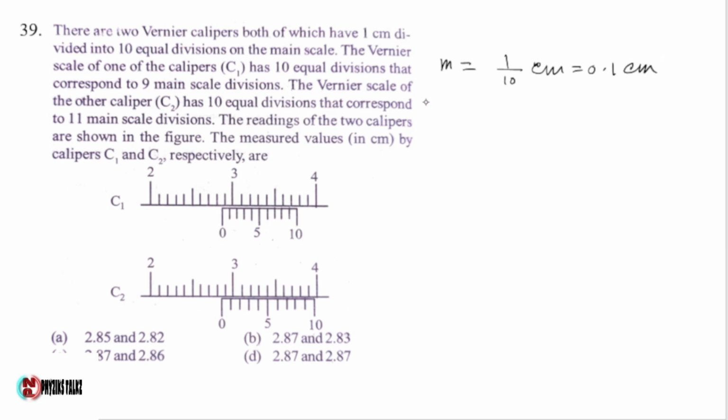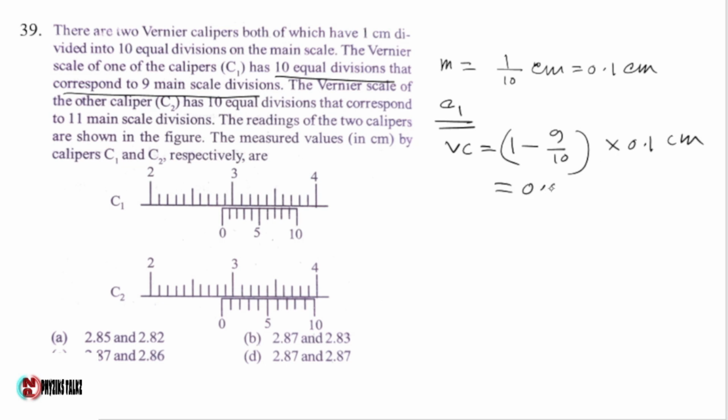Now for the first vernier, C1, 10 equal divisions correspond to 9 main scale divisions. So the least count, or vernier constant, is 1 minus 9 by 10 into the smallest division of the main scale, which is 0.1 centimeter, which gives 0.01 centimeter.